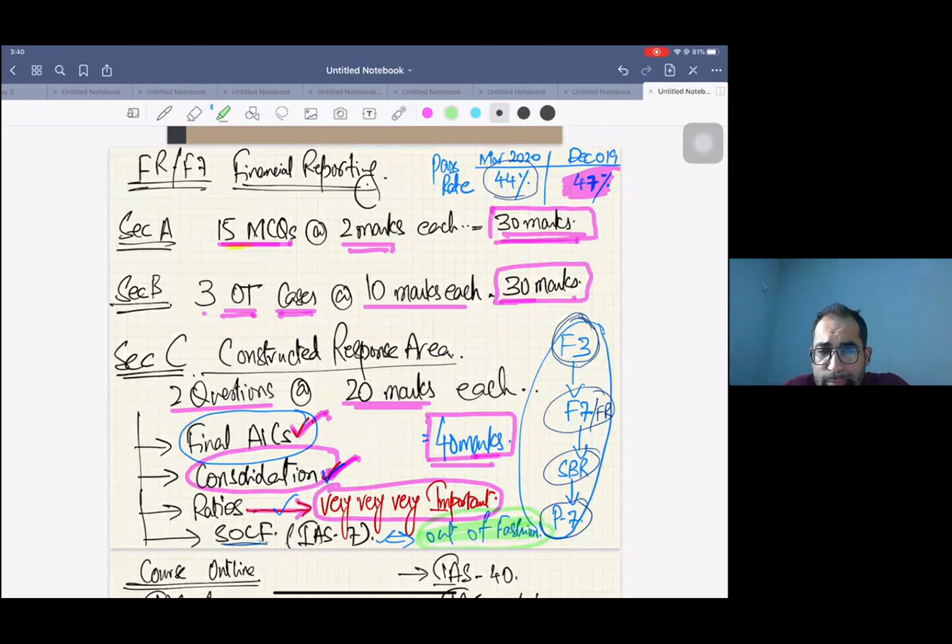Now some people think that this presentation, the move from paper-based to computer-based examination, is very difficult. It's not difficult, I'm telling you, because the shift is towards technology. The use of technology is increasing now.